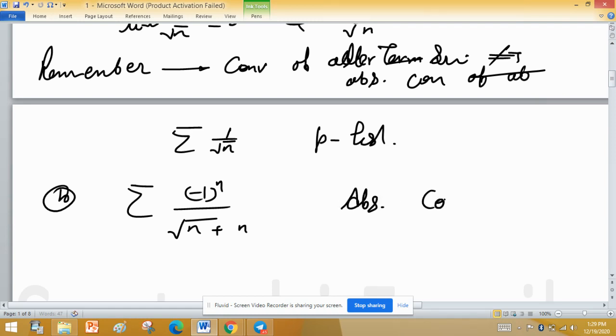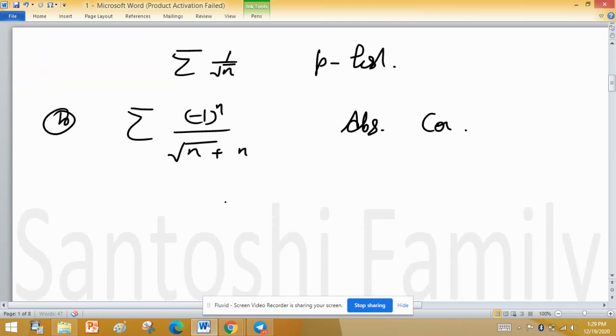For absolute convergence, make it a positive term series. It will be 1 upon root n plus n. Take n common from the denominator. It will be summation 1 upon n times 1 plus 1 upon root n.